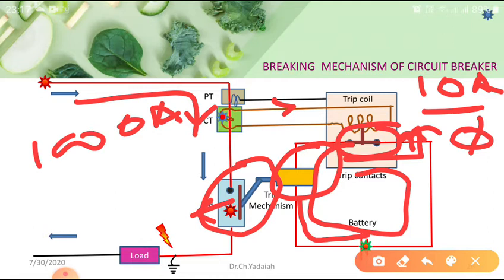That means the fault current is stopped immediately whenever the fault occurs, by sensing through our CT and PT and giving the signal from the relay. So it is opened, no short circuit current comes after 100 ms, and the arc is nullified immediately, no problem here.